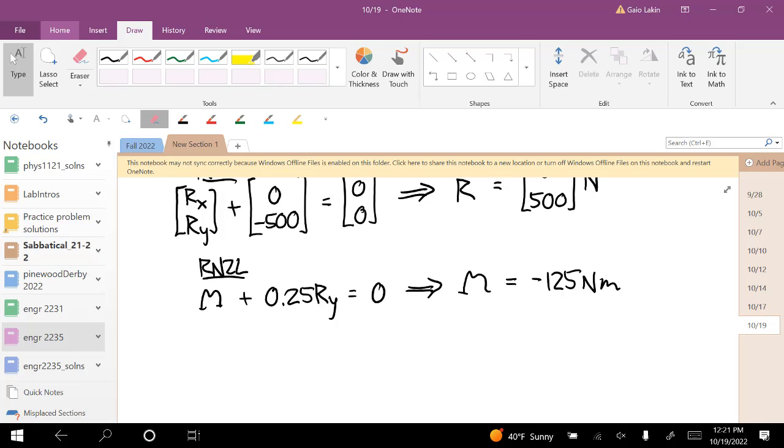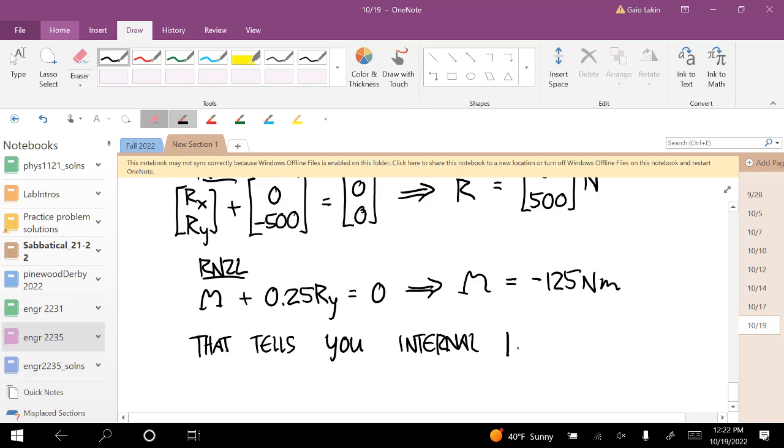So you can think of that as telling you the internal loads at that red line.